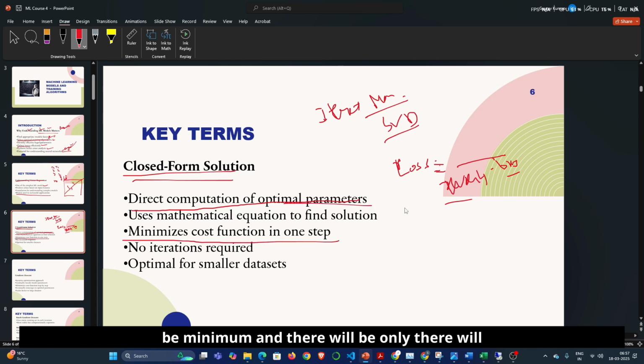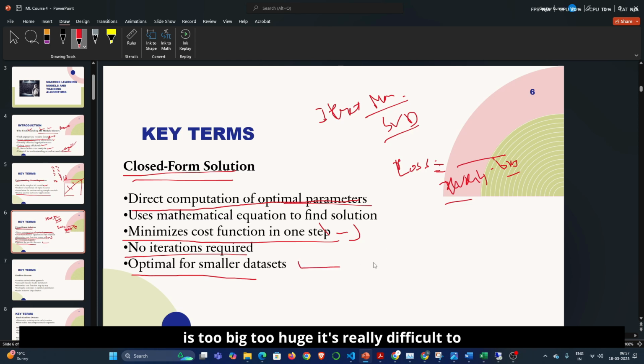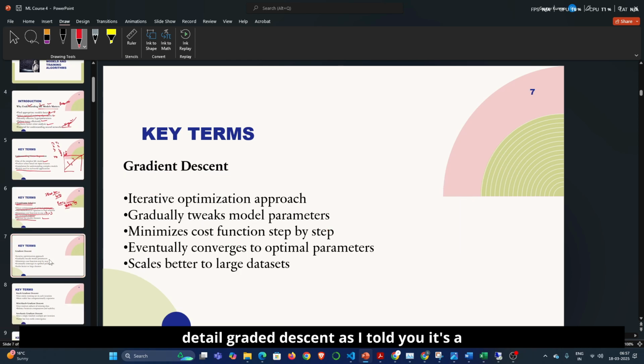And there will be only one step, okay? So there will be no iteration required for this, and it is very suitable for smaller data sets, because if the data set is too huge, it's really difficult to find the solution in a single step, because it will need to capture all the possibilities. We are gonna see it in detail.